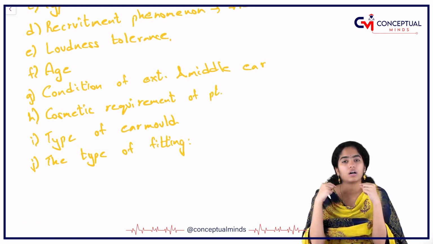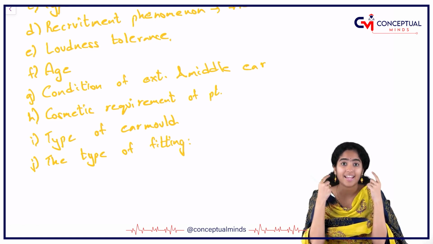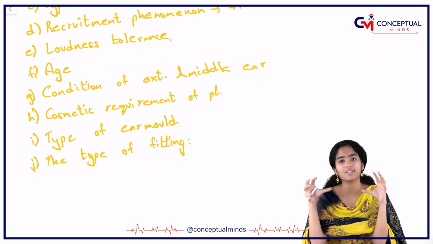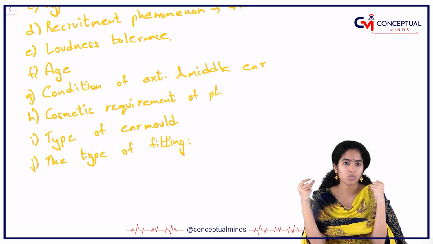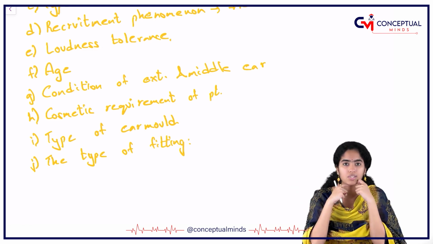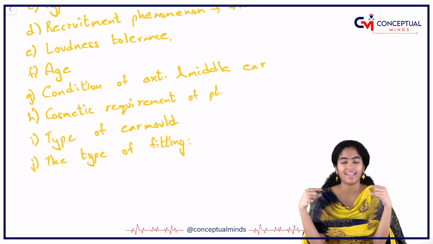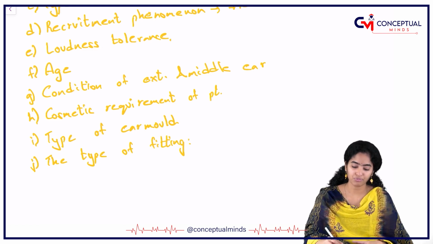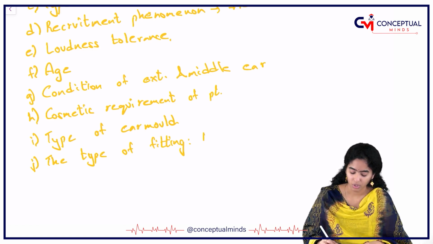For that, you should know, the brain detects from which side the sound is coming. So it is essential that both the ears pick up sounds. For that purpose, we put a hearing aid in the deaf ear and receivers we put in both the ears. So that is a binaural aid with a Y connection. Is that clear? So in the type of fitting, what are the three things that we have?